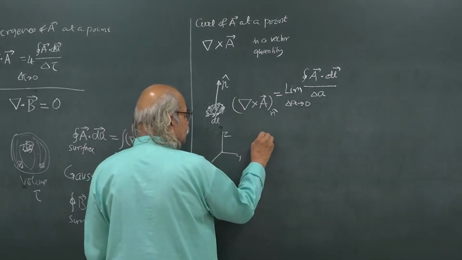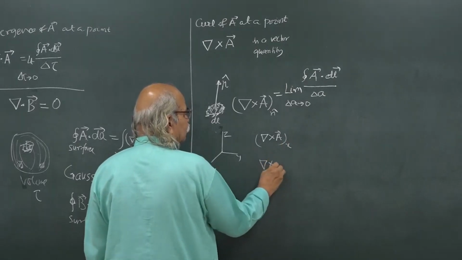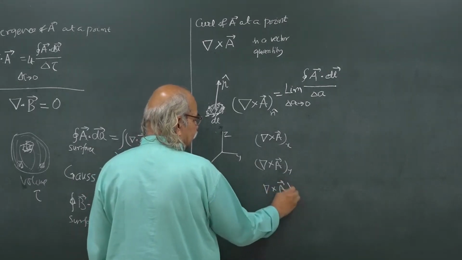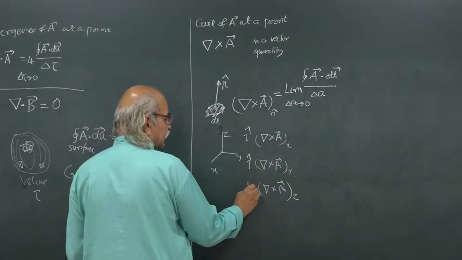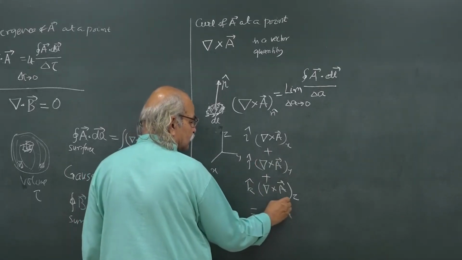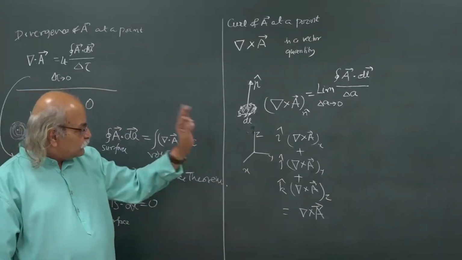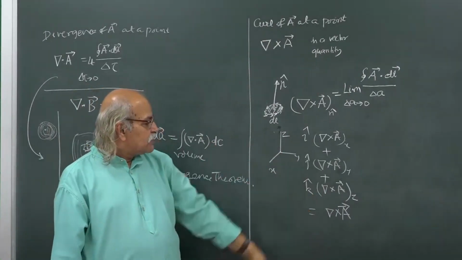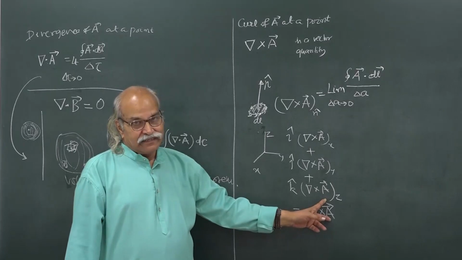You find the curl of A in the x direction, the curl of A in the y direction, and the curl of A in the z direction, and once the three components are known, you put i cap, j cap, k cap here and add, that will be curl of A. So, this is how we define curl of A at one given point, and that given point can be anywhere in space. At each space point you know the vector A, and therefore you also know the curl of A vector.